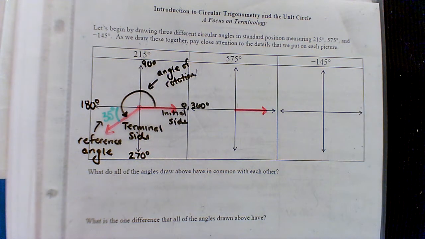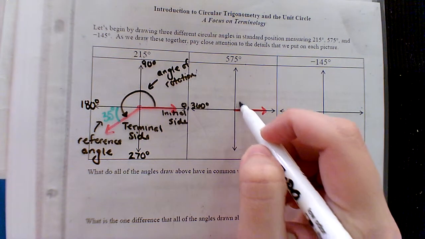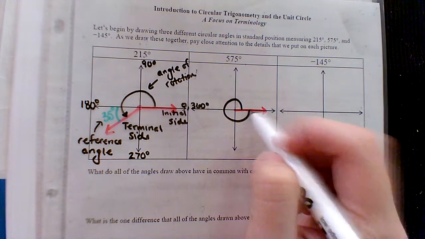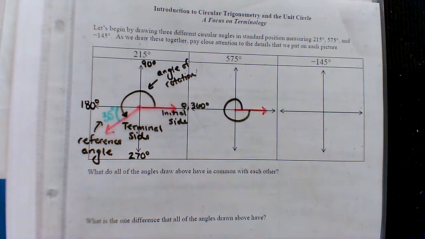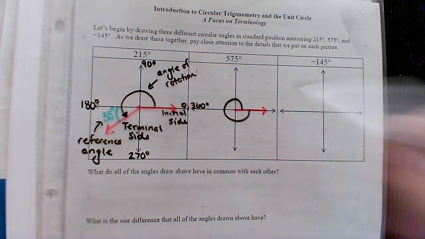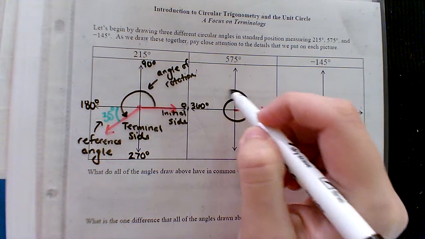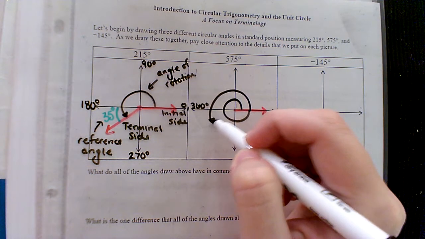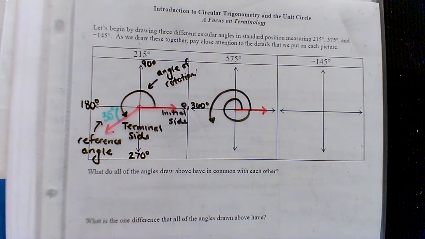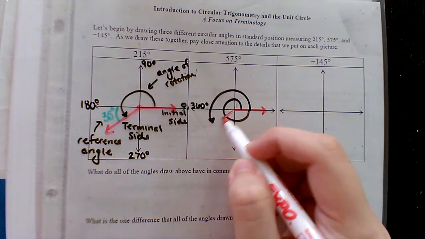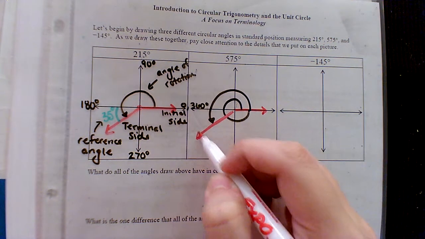In order to draw a 575-degree rotation, we have to do one full circle, 360 degrees, but then an additional 215. When you end your angle, we're going to go ahead and draw the terminal side.